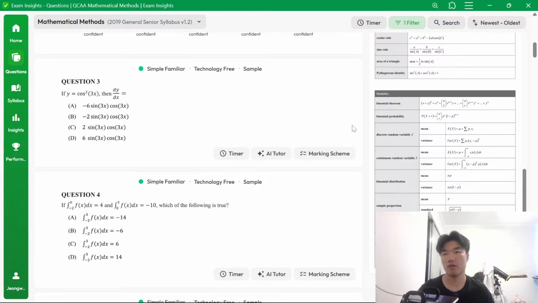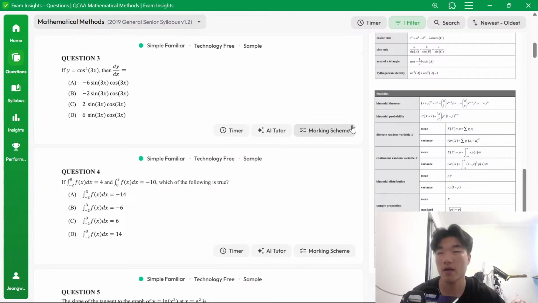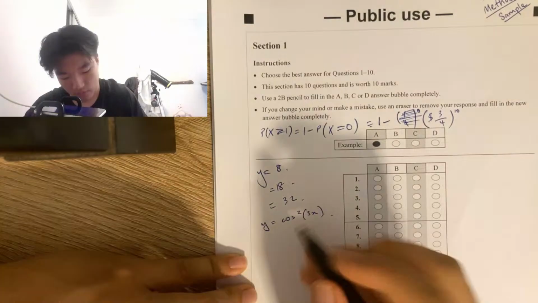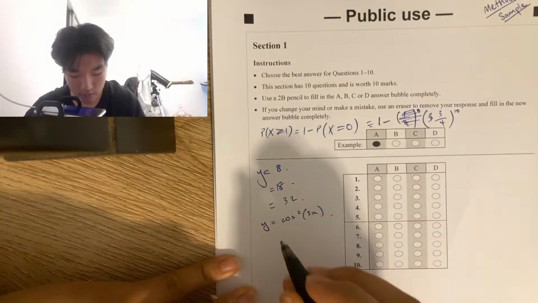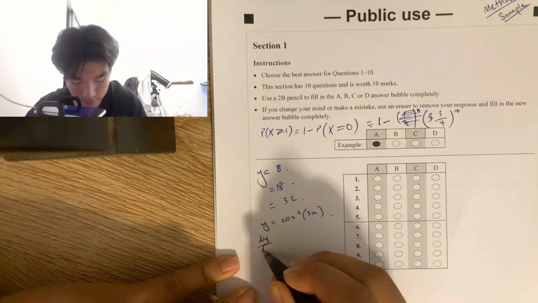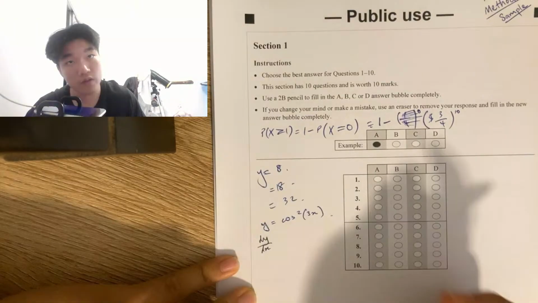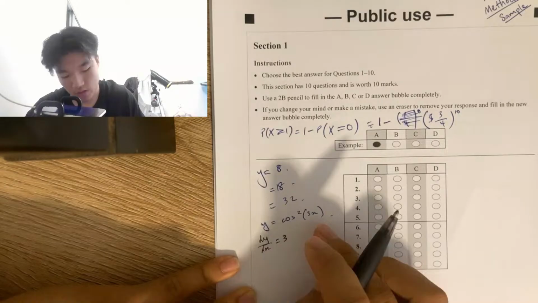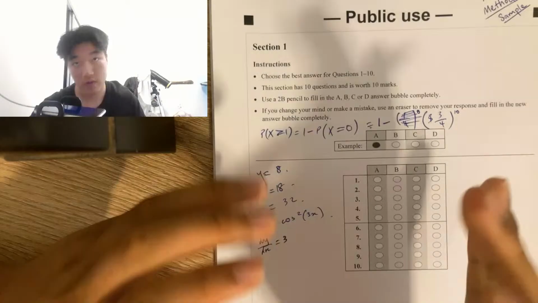Okay, if y equals cos squared 3x, then dy dx. We're applying the chain rule here. So the chain rule is the derivative of the inside, which is 3, multiplied by the derivative of whatever's here.